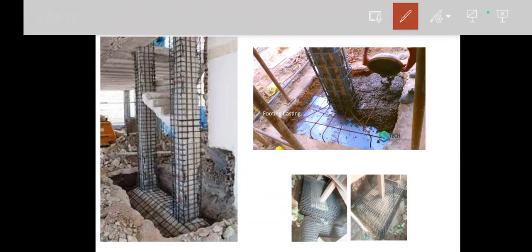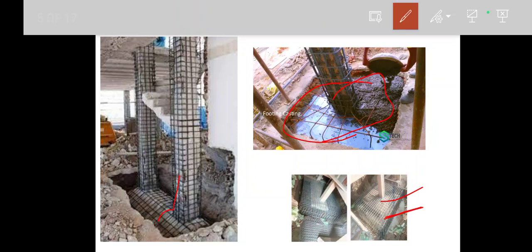This is a combined sloped footing, where the reinforcement is added to the foundation also, and then the concreting is done. This is an isolated footing. Here also you can see extra reinforcement, and the width of the footing also increased so that it can take more load. This is another situation where they are providing an isolated footing with the extended reinforcement.